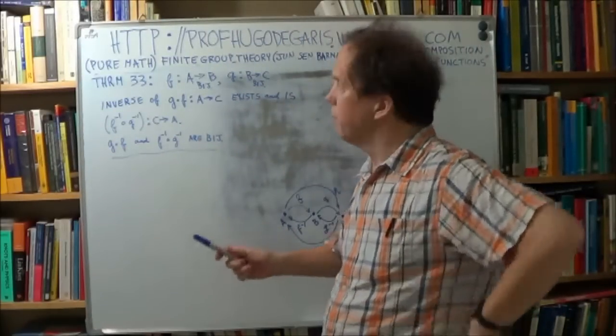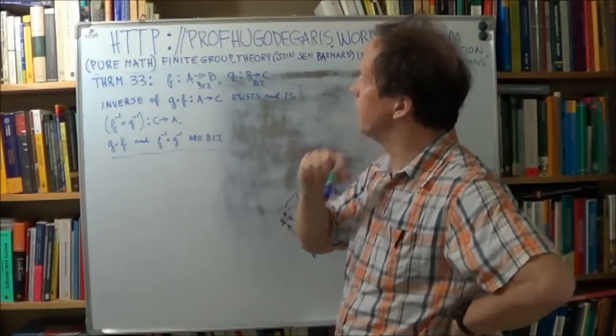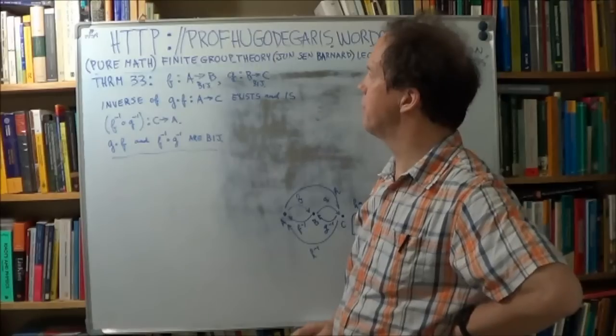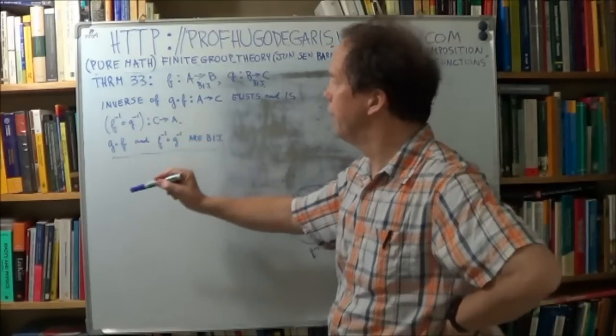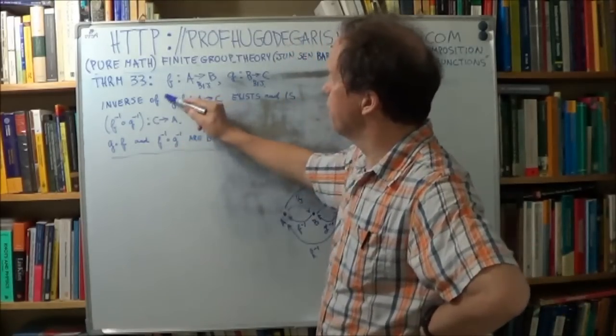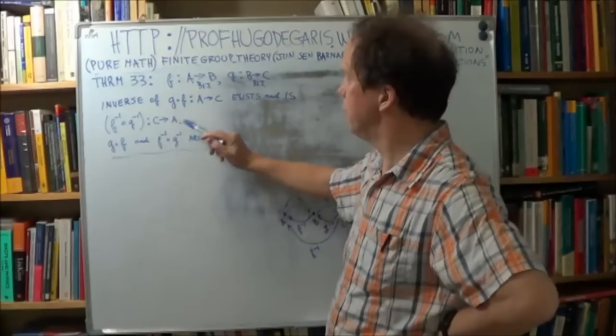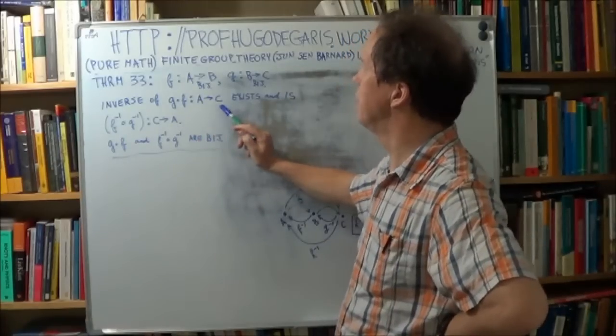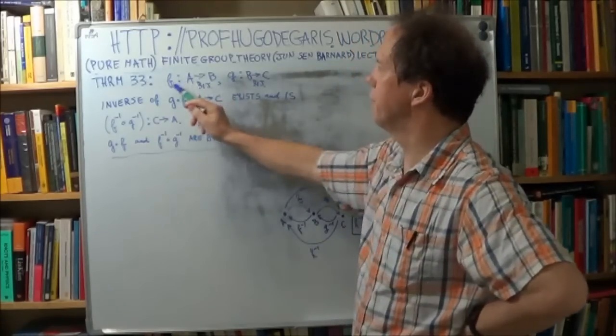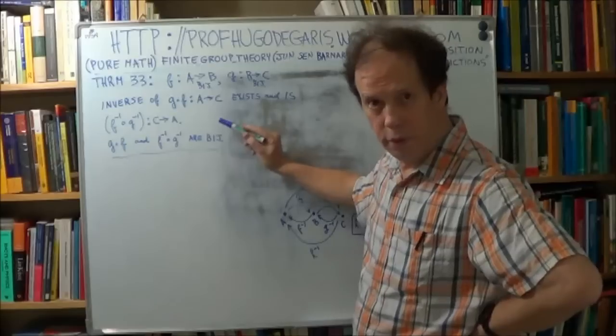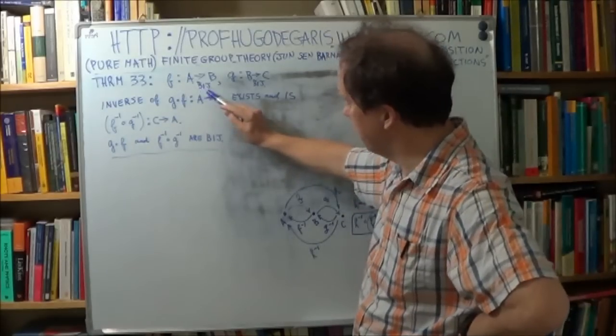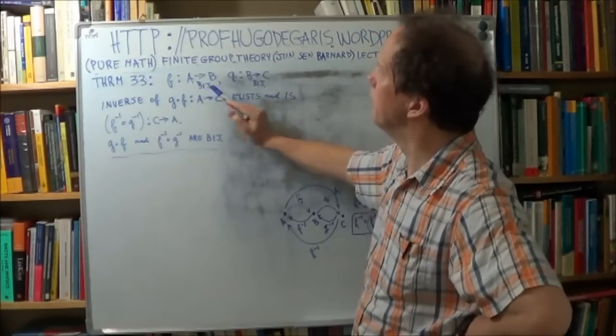Okay, here's theorem 33, and the basic idea is to prove that if this composite function takes you directly from A to C, so you have two functions, they're both bijective, that's what this bij here means.